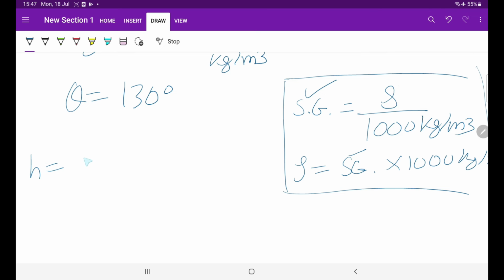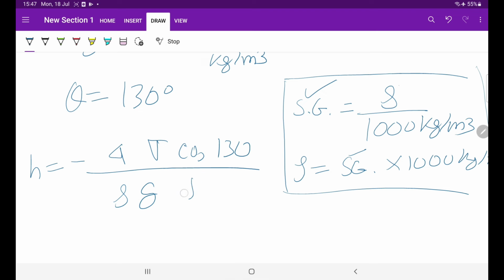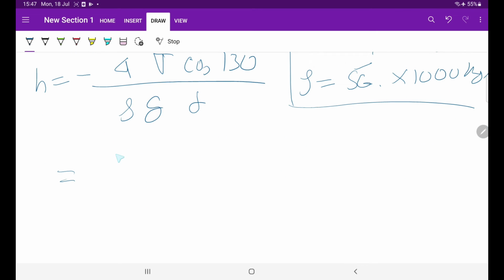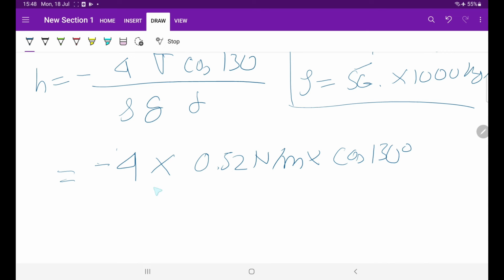So h, since it is a fall, make sure you give a negative sign here: minus 4 sigma cos 130 by rho g d. So minus 4 into sigma, 0.052 Newton per meter, into cos 130, directly cos 130 because we will do it in the calculator.